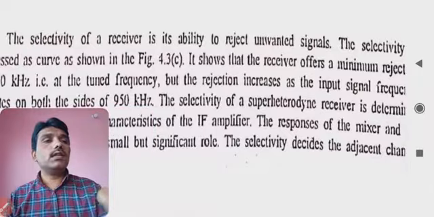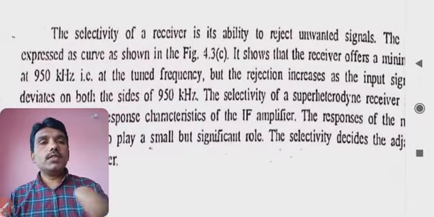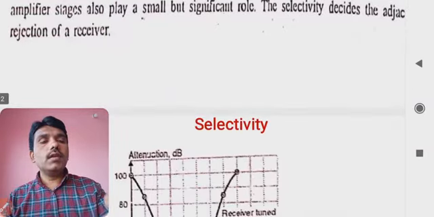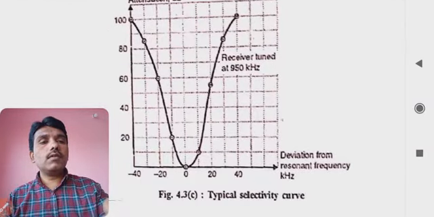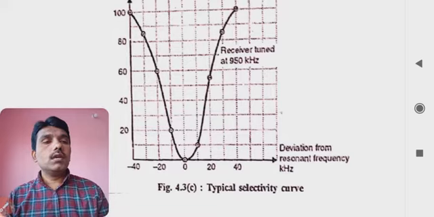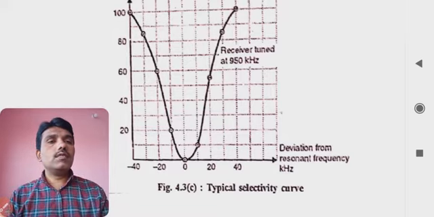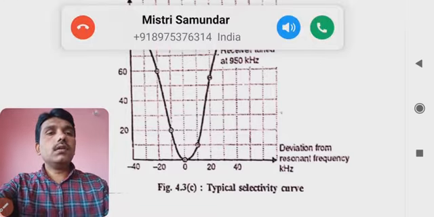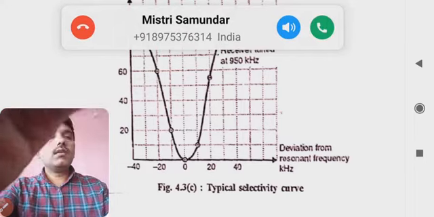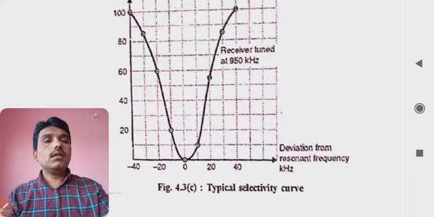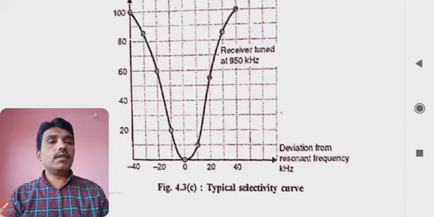This selectivity is expressed as shown below in this curve. This curve shows where the receiver is tuned, and it is a typical selectivity curve.